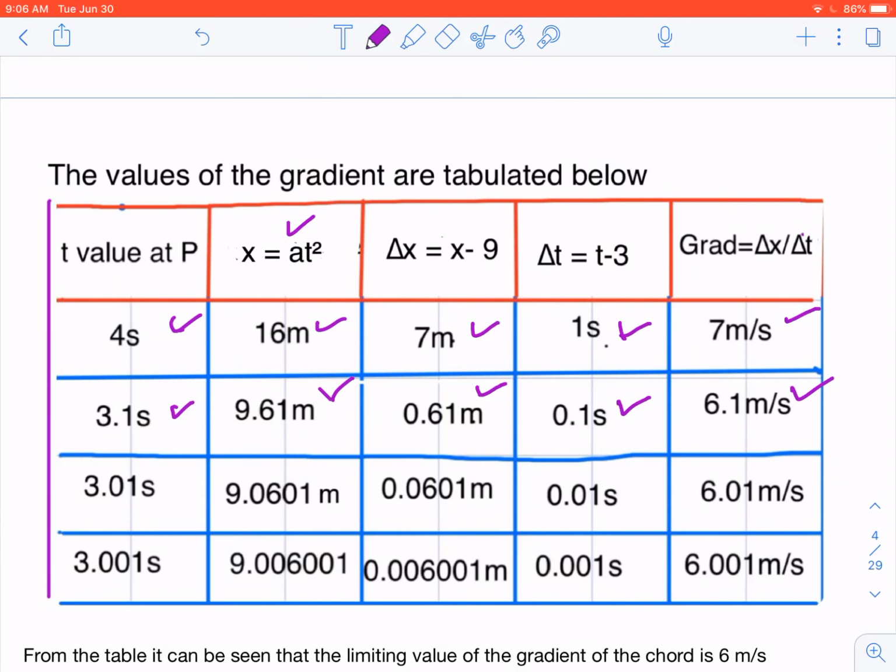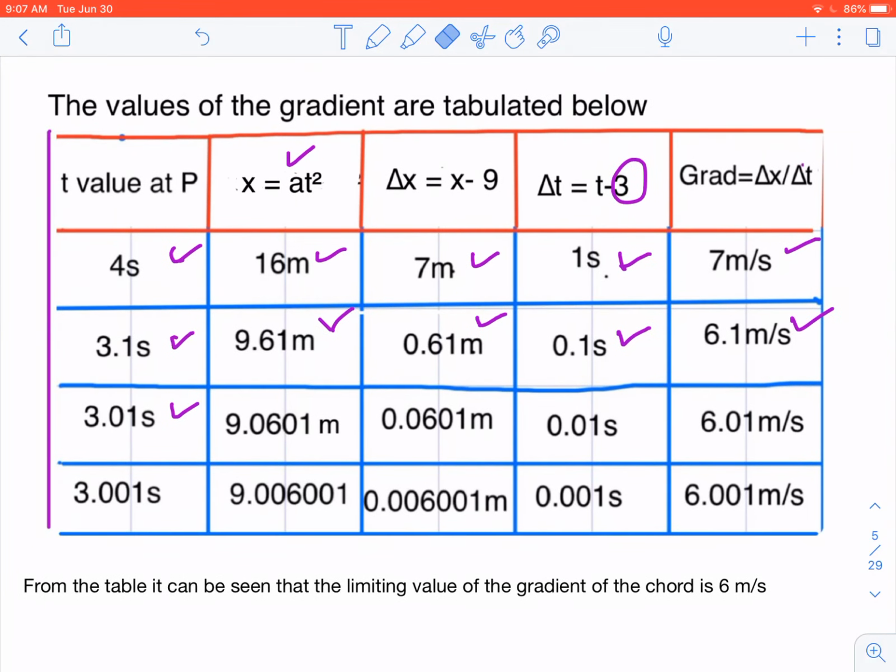Then if we get still closer to 3, because remember we need to determine our instantaneous velocity at 3 seconds. And then if we take it even closer, notice what happens. You got 6, it comes to 6.01, it comes to 6.001. If I took this even closer to 3, this would then go to 6.0001 meters per second.